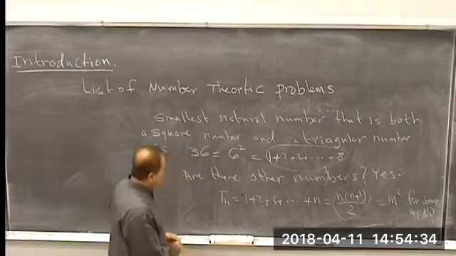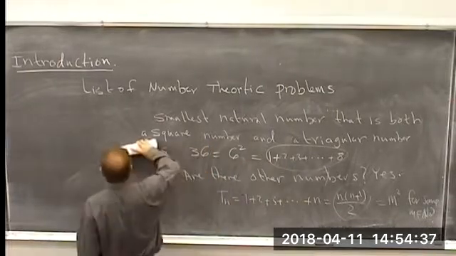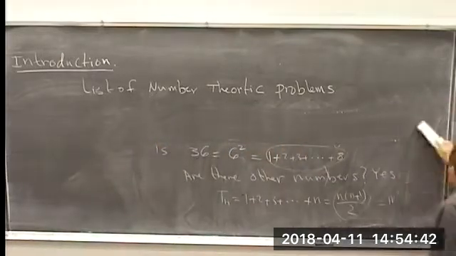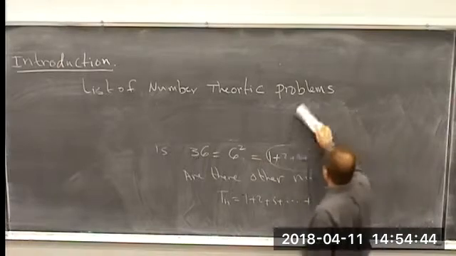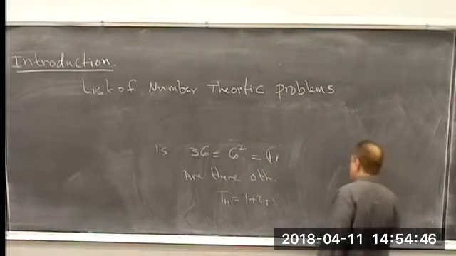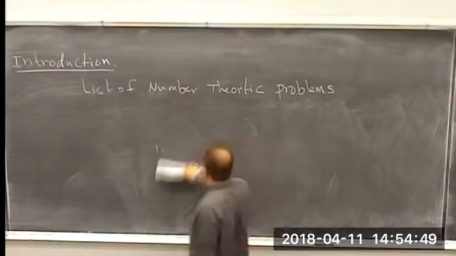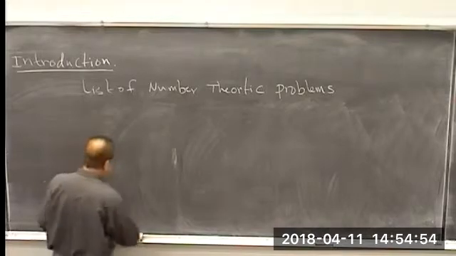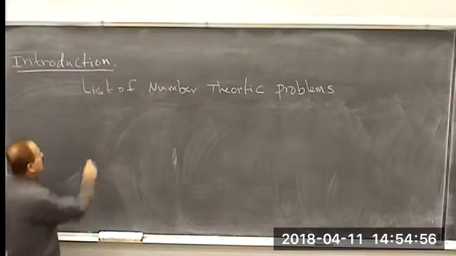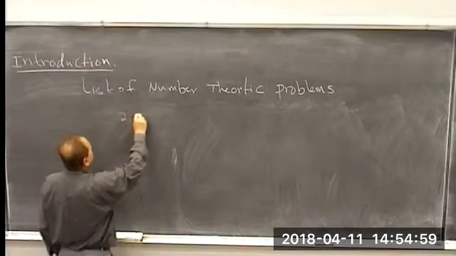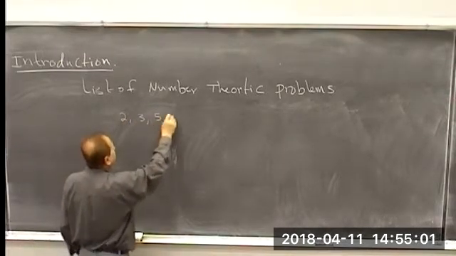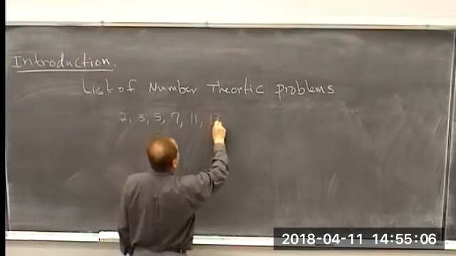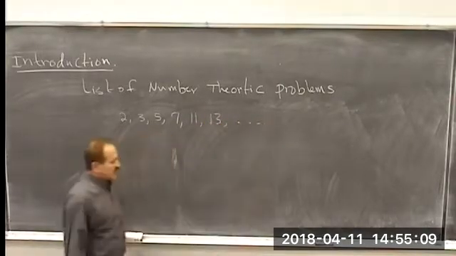A little more with some unsolved problems. Now, if we look at the list of prime numbers, which is an infinite class, and examine some relationships among these primes. If I start with the smallest prime, 2, then we have 3, then 5, 7, and the next are 11 and 13, and so on.